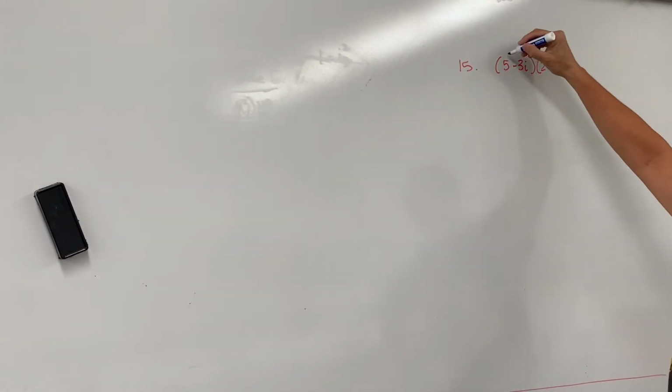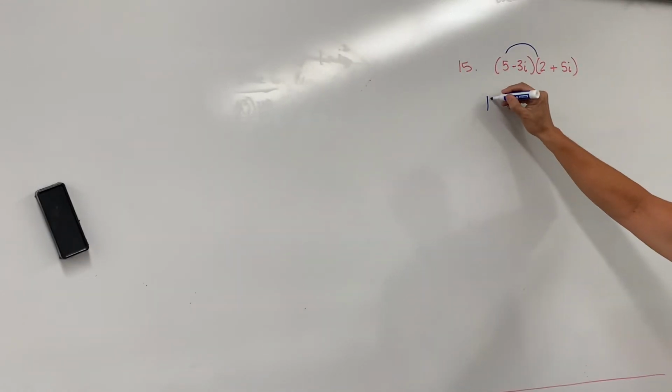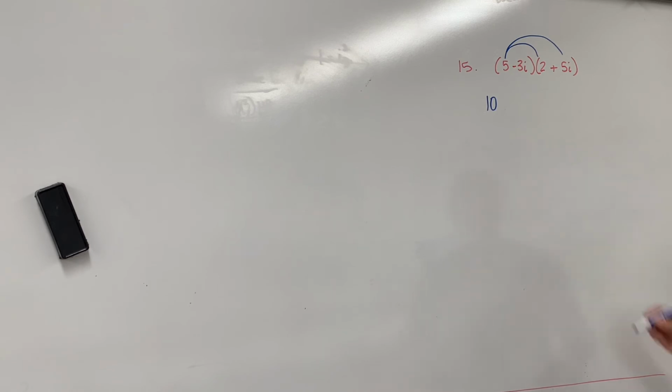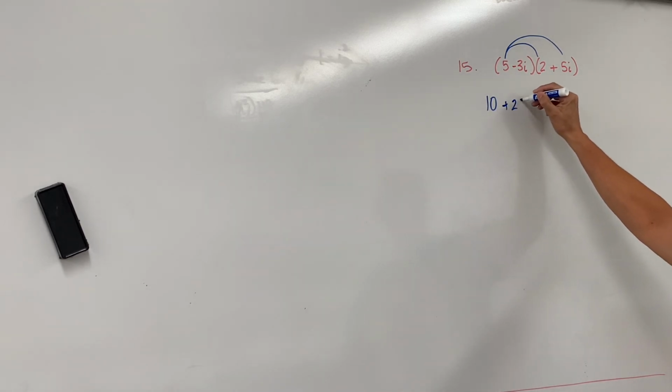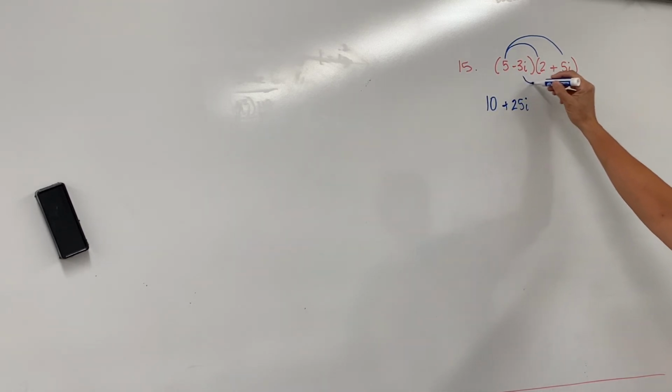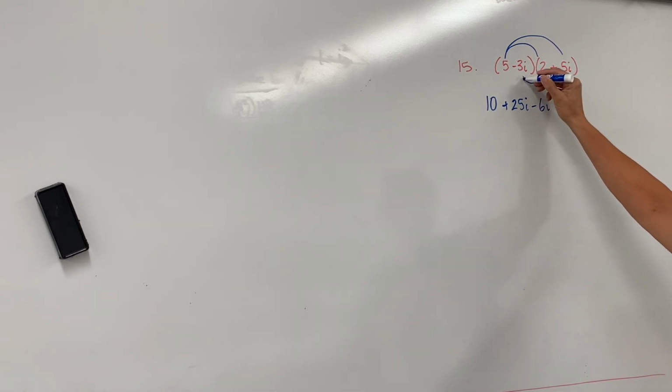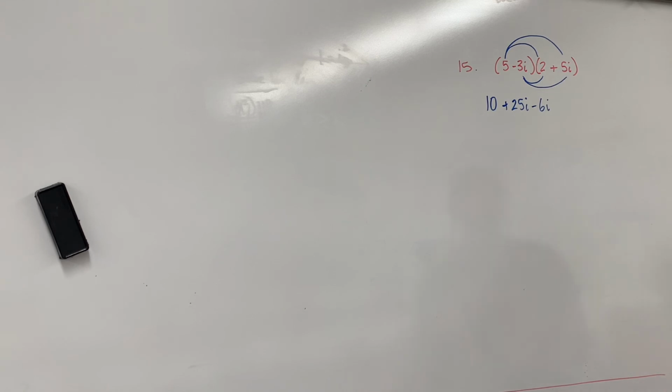So F, the first, would be 5 times 2, which is 10. Outer is 5 times 5i, which is 25i. Inner is negative 3i times 2, which is minus 6i. And then last is negative 3i times 5i, which is negative 15i squared.